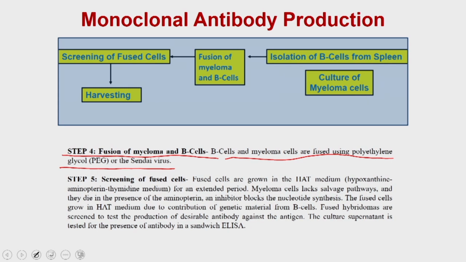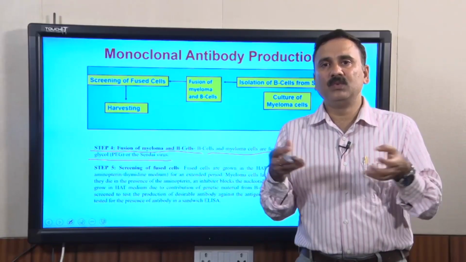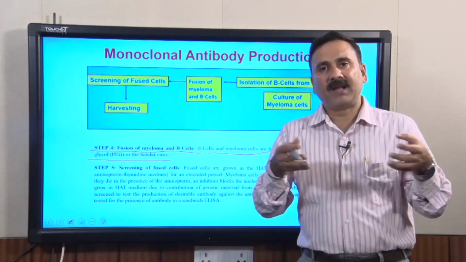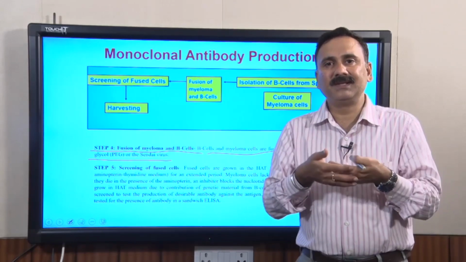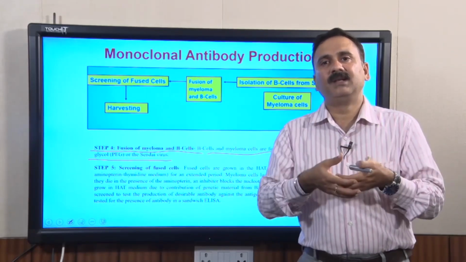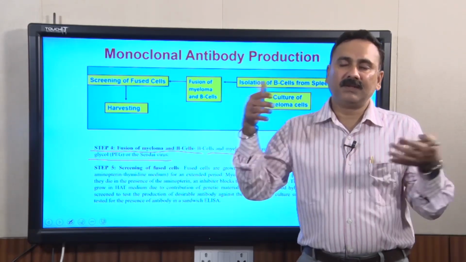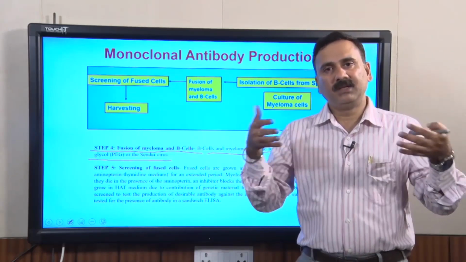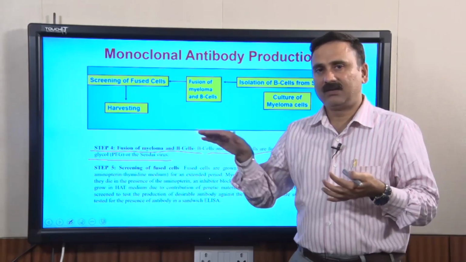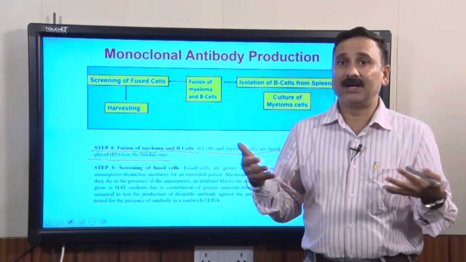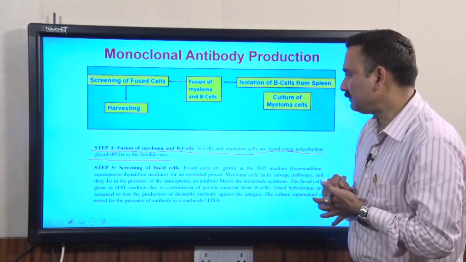PEG is an agent which can be used to fuse the cells. What PEG is doing is bringing the plasma membranes of the two cells together, and that is how it fuses the cells. So, when you incubate the cells with PEG, the cells come together, the myeloma cells are fused with the splenocytes, and that is how you get hybrid cells.